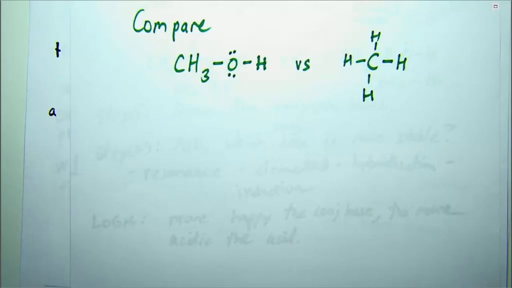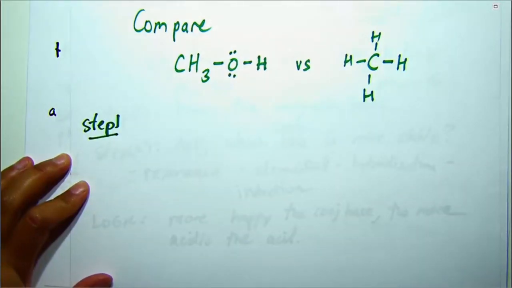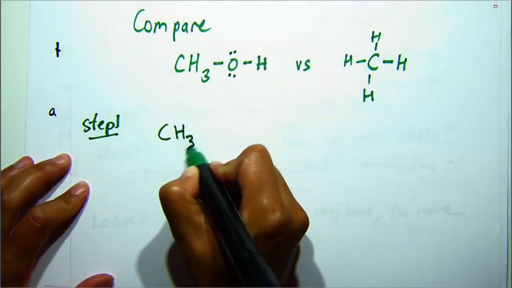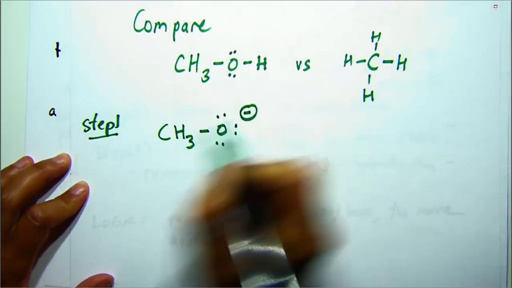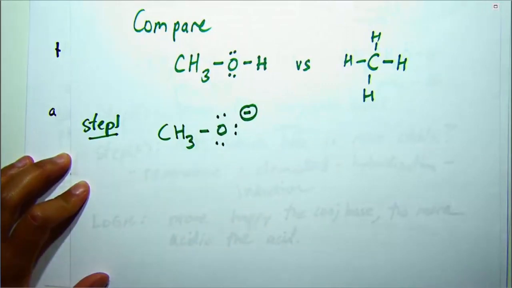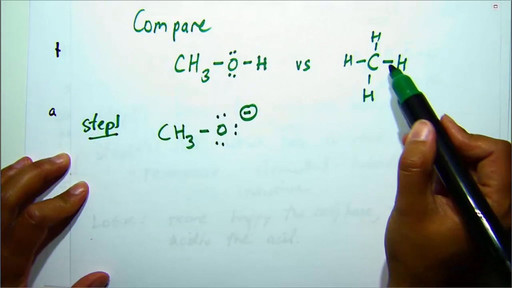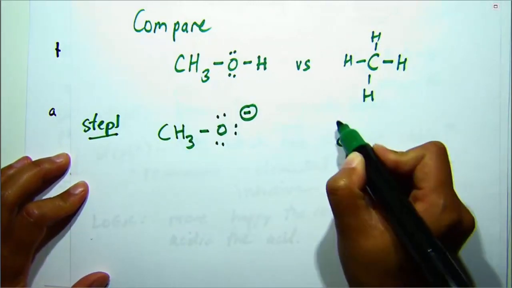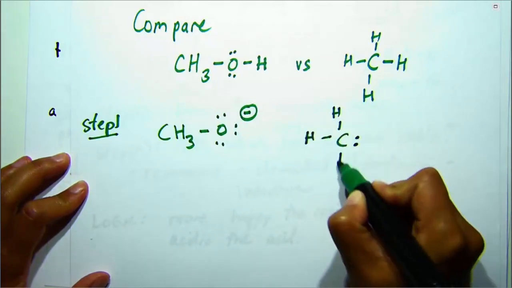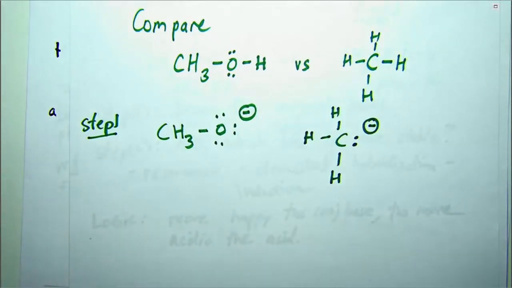So again, I'm going to apply this three-step logic. Step one is I'm going to draw the conjugate base of each. So CH3O negative. This is called methoxide. And then I'm also going to draw the conjugate base of methane, where I've removed a proton. And so now I have a carbon anion with a negative charge. So step one, draw the conjugate base.